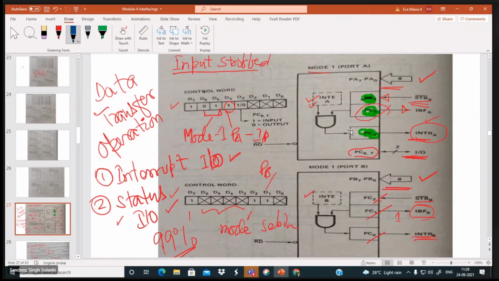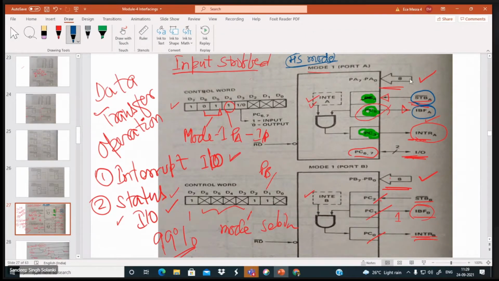How it is important is that first of all you should understand what mode 1 is. Mode 1 is simply known as handshake mode. And when you say handshake mode, you should also know the types of handshake signals it has. It has the handshake signals strobe and input buffer full, IBF.